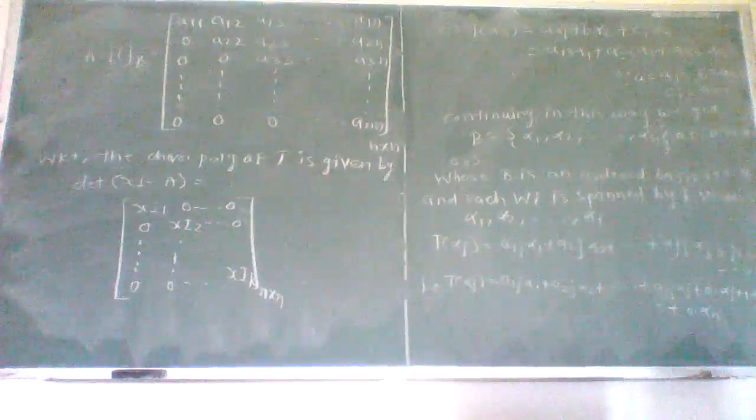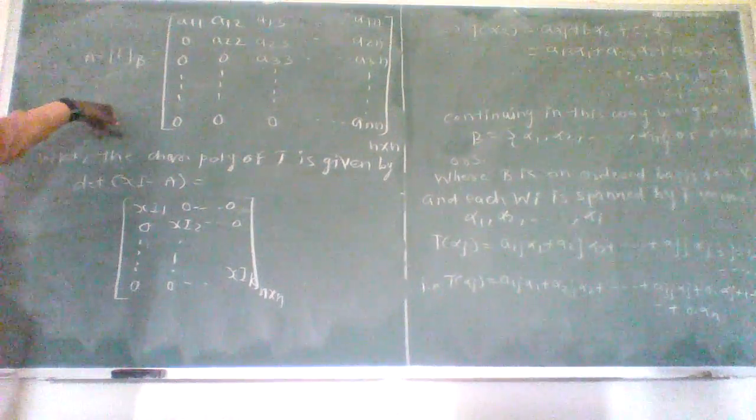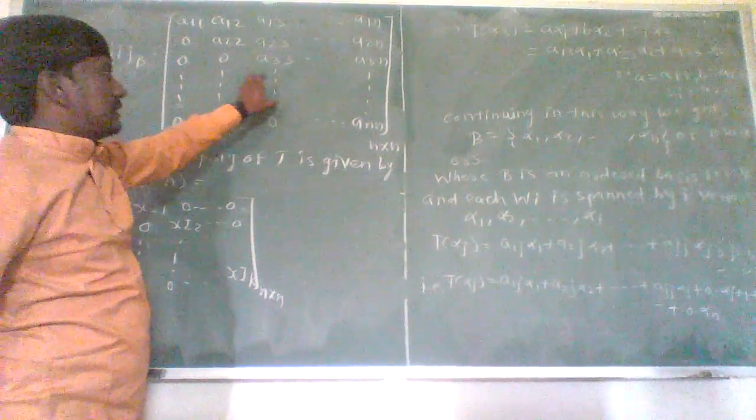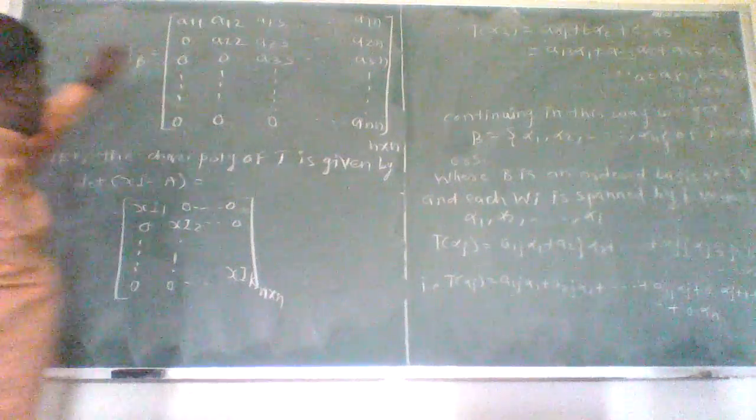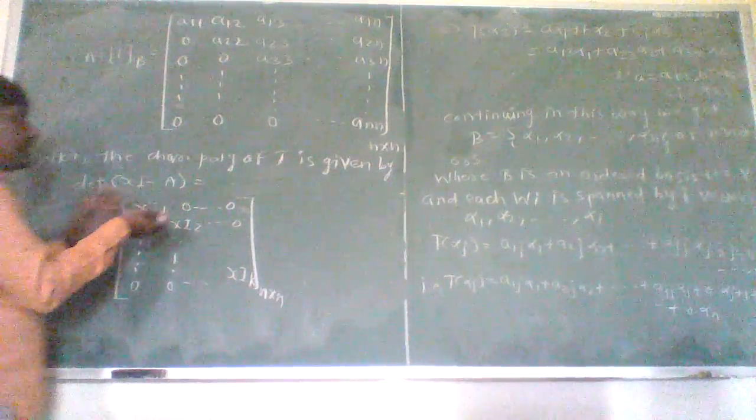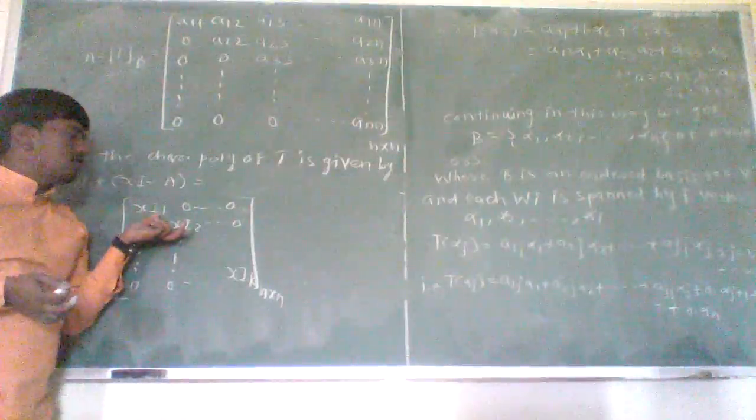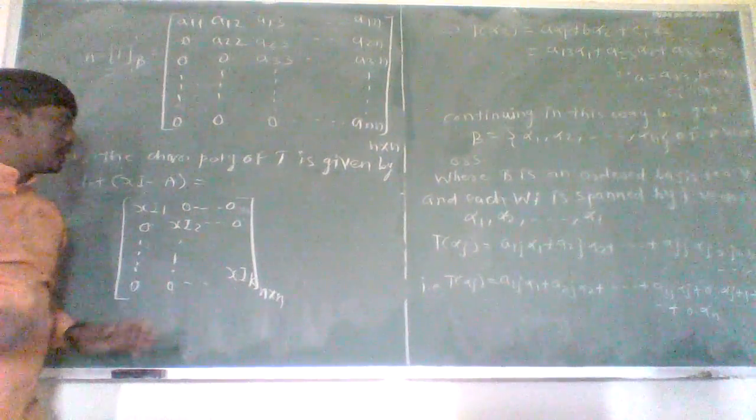Since we know that the diagonal elements of the triangulable matrix are nothing but the characteristic values of the matrix A, each characteristic value may be repeated some certain number of times.